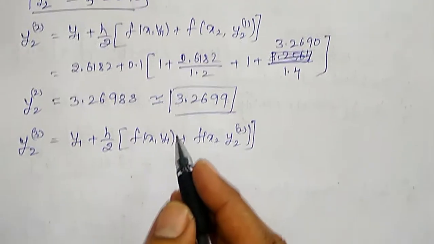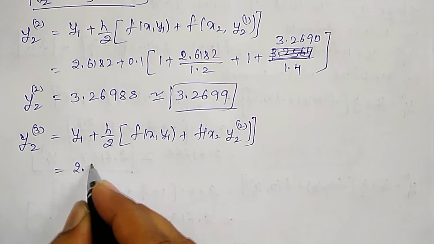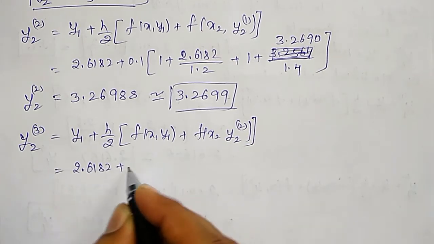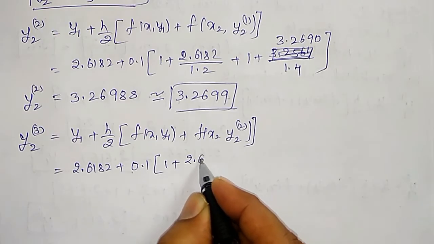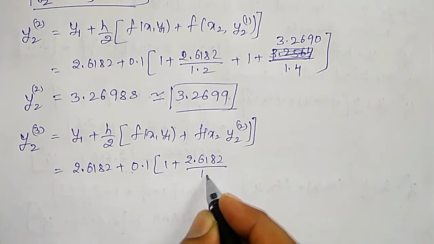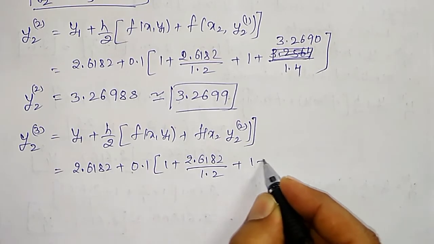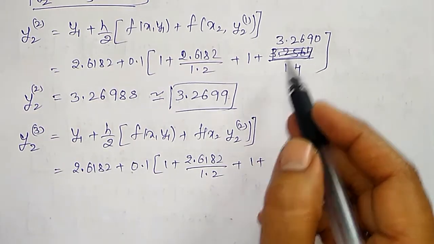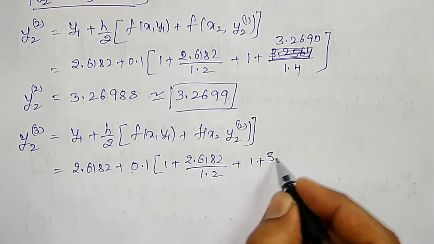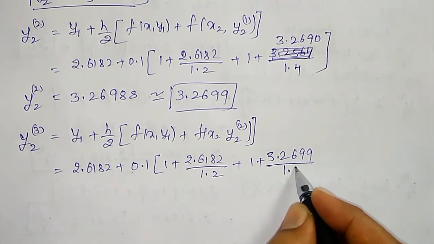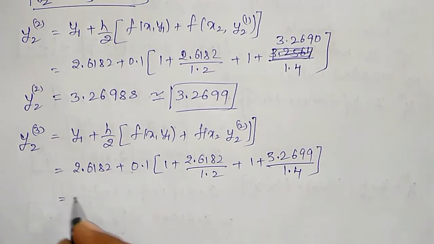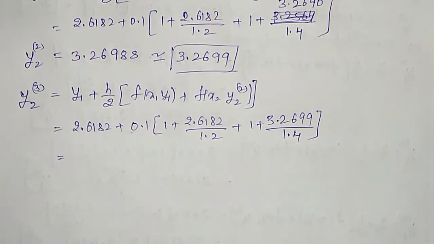Okay, in the same formula only that value has to change, that is 2.6182 plus 0.1 into bracket 1 plus 2.6182 divided by 1.2 plus 1 plus this value is replaced by this one, that is 3.2699 divided by 1.4, and use the calculator to evaluate this one.